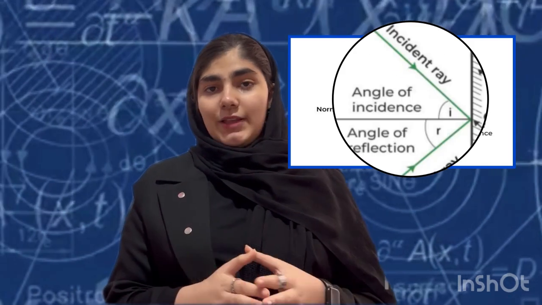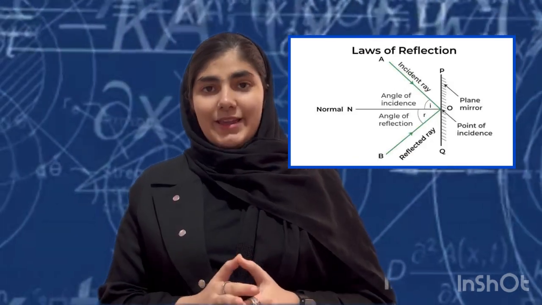And about the light reflection law: 1. The incident ray, the perpendicular line to our plane, and the reflected ray must be in the same plane. And 2. The angle of incidence and the angle of reflection are always equal.